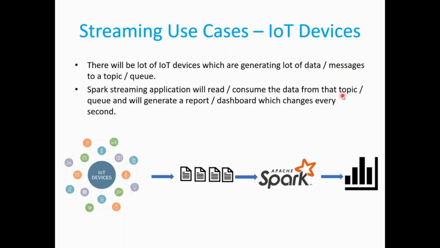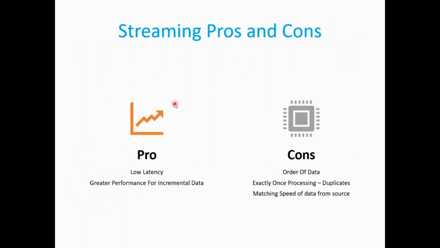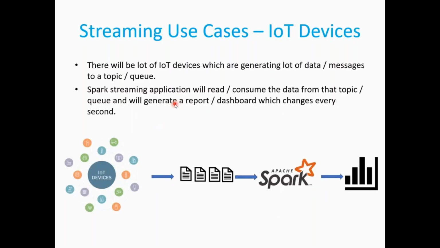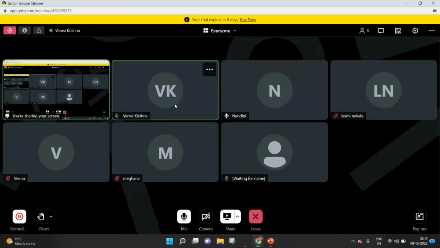Again, we haven't seen Kafka yet, but the idea is it uses Kafka in the background to get the data, and then we use Spark structure streaming to process the data, and we can populate or show any dashboard or report which changes every second because it is streaming data. So these are pretty interesting use cases where Spark structure streaming is used quite a lot.